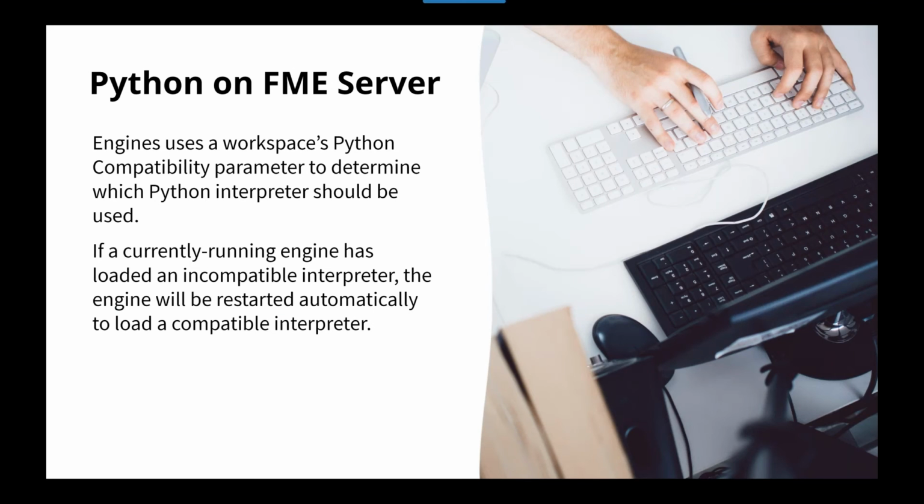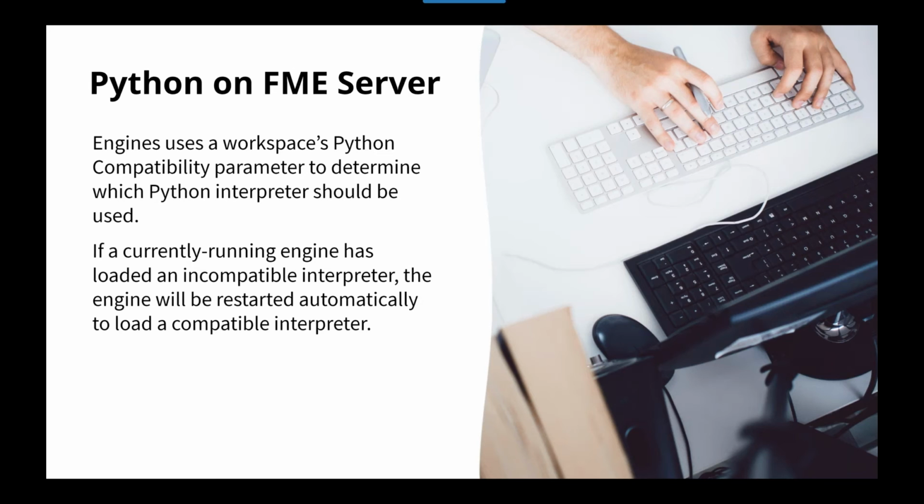Python on FME Server should be very similar to Desktop. Engines use a workspace's Python compatibility parameter to determine which Python interpreter should be used. If a currently running engine has loaded an incompatible interpreter, the engine will be restarted automatically to load a compatible one.